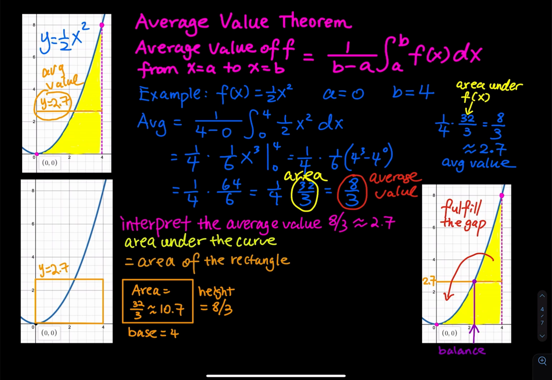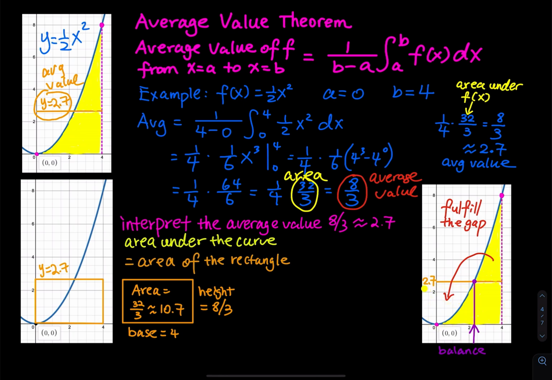There is another way to interpret the average value. You have to look at the last picture right over here. Once again, 2.7 tells me that I should cut the graph at 2.7. After the cut, do you see that there is an empty region right over here, and there is a little region above the 2.7? The average value tells me that I can take this area to fulfill the gap to get a rectangle.